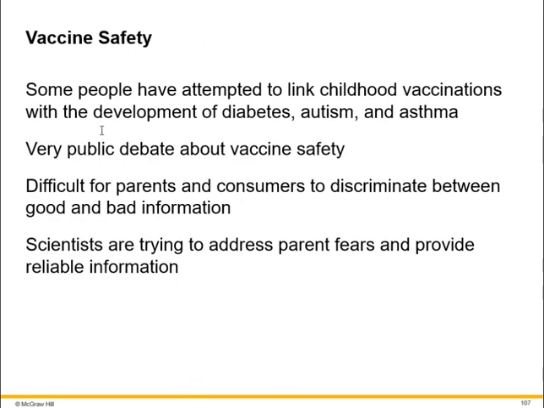Some people have attempted to link childhood vaccinations to the development of diabetes, autism and asthma. There's been a very public debate about this over the last 20 years. It's very difficult to discriminate what's good information and what's bad information. And wow, do we know that after COVID?